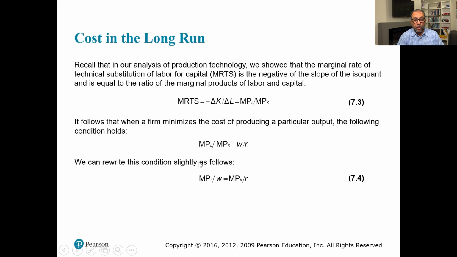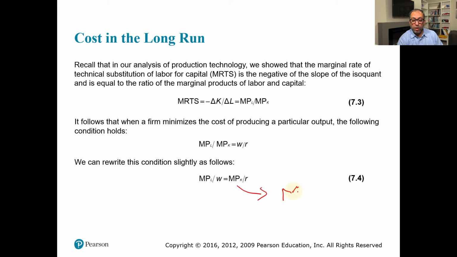Now, when a firm minimizes the cost of producing a particular output, the following condition holds: MPL over MPK equals W over R. Or we can rewrite it as MPL over W equals MPK over R, just to relate it to consumption theory.